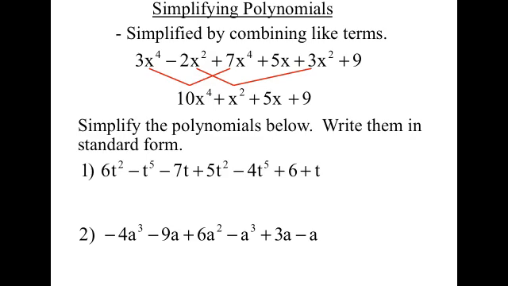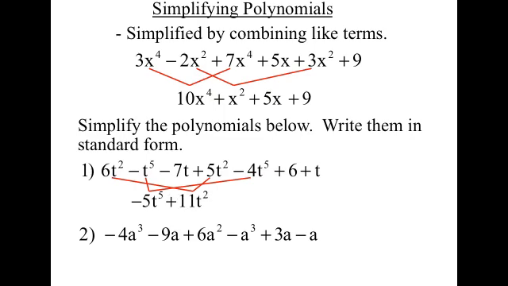I'm going to start with t to the 5th because that's the biggest exponent. So negative t to the 5th minus 4t to the 5th makes negative 5t to the 5th. Next one is t squared. 6t squared and 5t squared makes 11t squared.